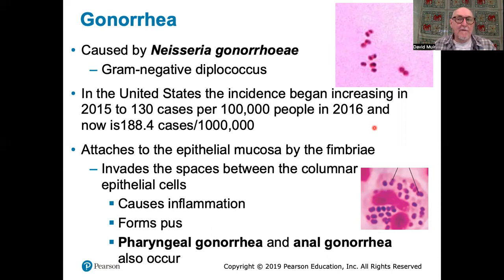So, for example, a vaginal infection with gonorrhea can spread through the uterus and through the fallopian tubes, and is a major cause of what's referred to as pelvic inflammatory disease, which can actually scar the fallopian tubes, for example, and have very serious consequences. In males, it can spread from the epithelial linings of the penis throughout the reproductive tract, and cause prostatitis, and then even infection of the testes.